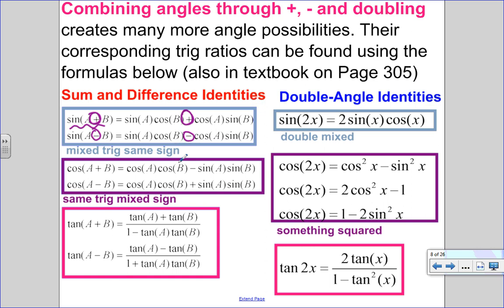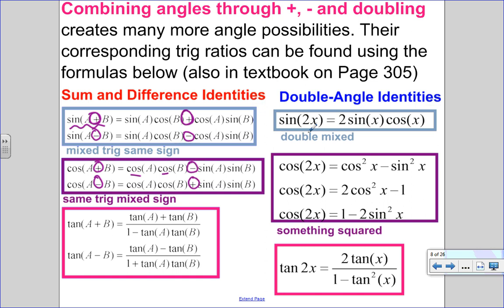For cosine, see how you have cos A plus B? Well, the plus becomes a minus. The minus becomes a plus, but the trig values are the same. Cos, cos, sine, sine. Cos, cos, sine, sine. So for these ones, I say that we have the same trig, mixed sign. Now, of course, tangent's only in its own category. Then we have our double angle identities. You can take any angle in the unit circle, double it, and find that exact value using these formulas.